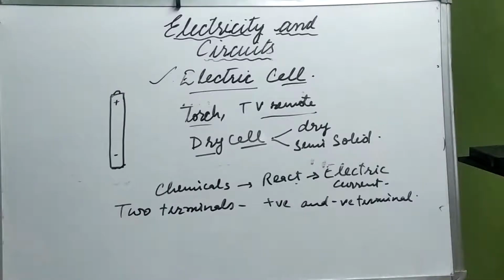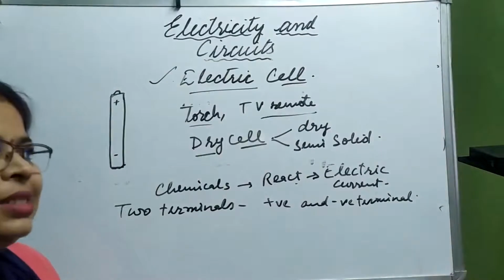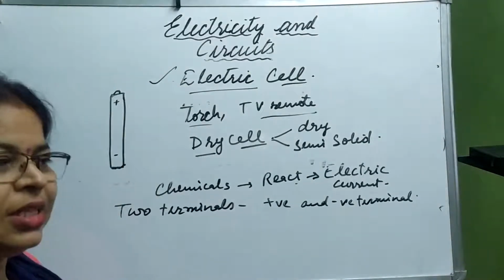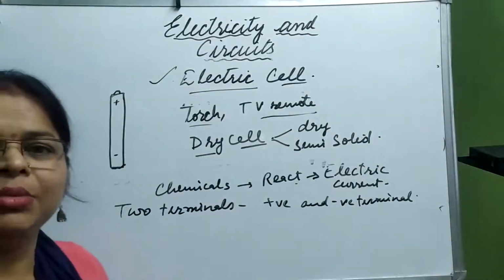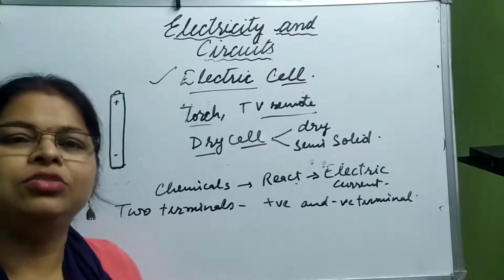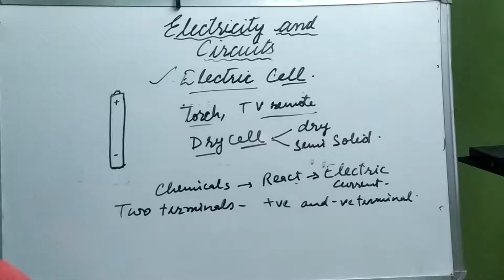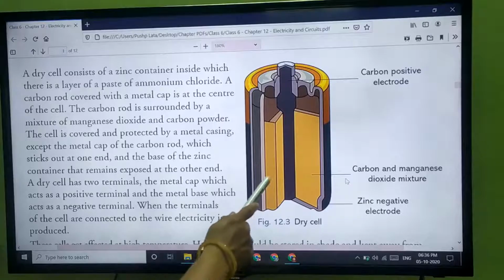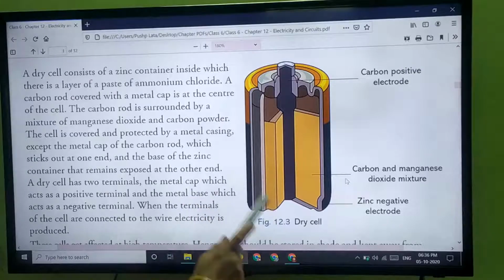Now let us discuss the structure of a cell. Which cell? We are going to discuss the dry cell. What is the structure of a dry cell? Just see, this is a diagram of a dry cell.